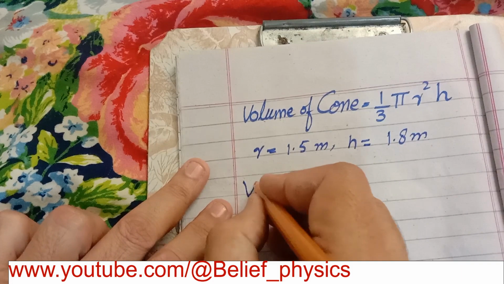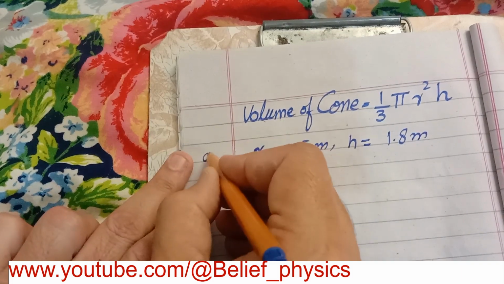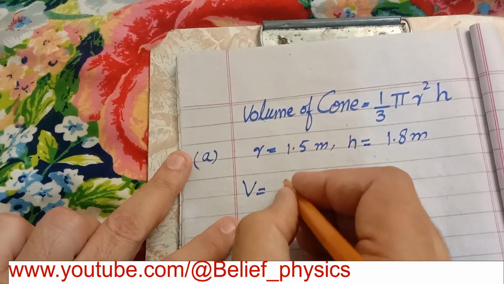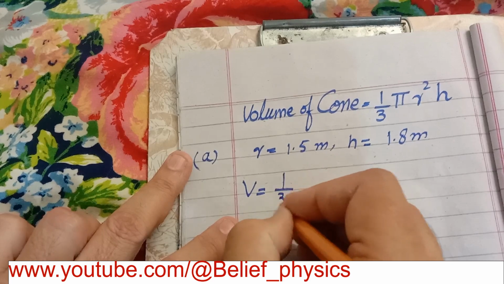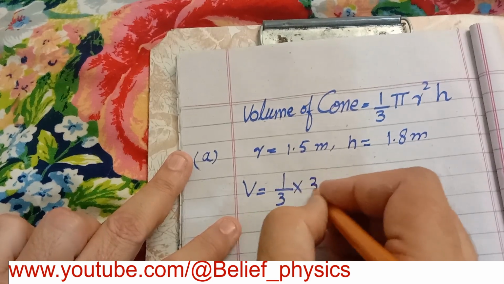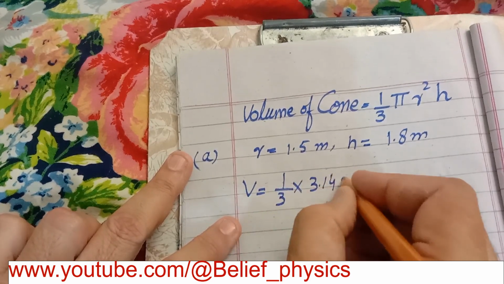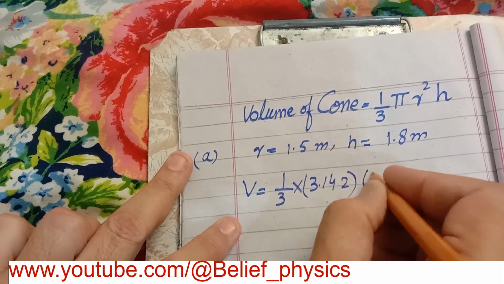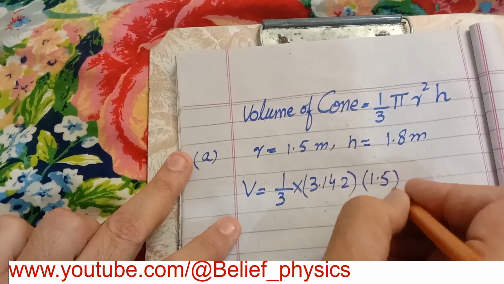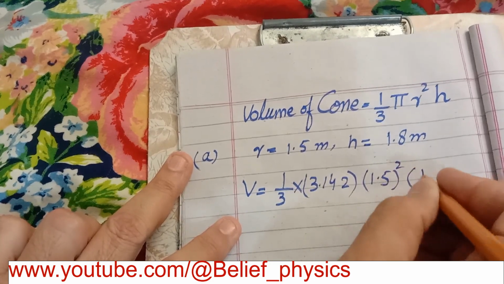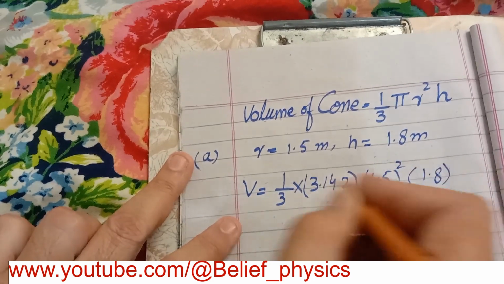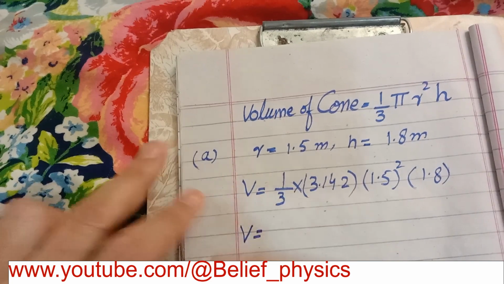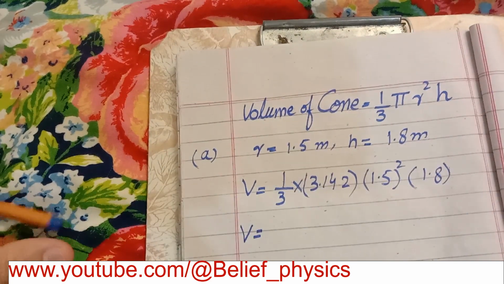So volume of cone, this is part A, will be equal to 1 over 3 into pi. Pi is 3.142, unless it is otherwise stated we use 3.142, into r is 1.5, so 1.5 square, h is 1.8. We solve it by calculator because it is paper 2 question.